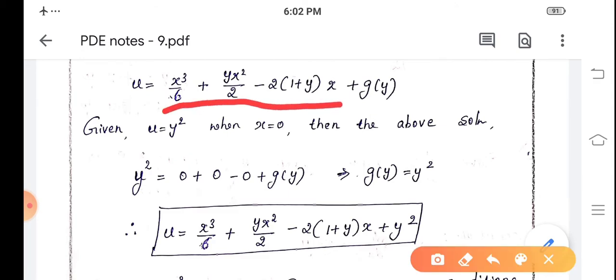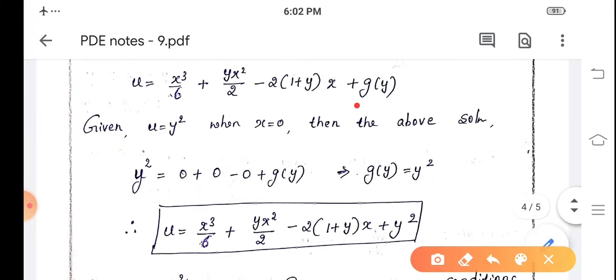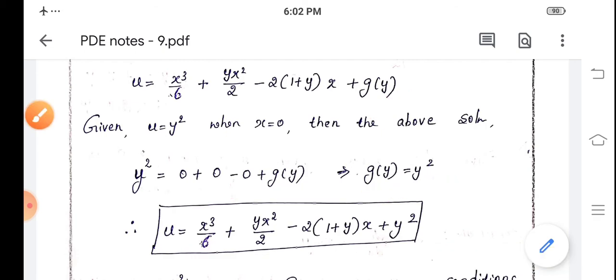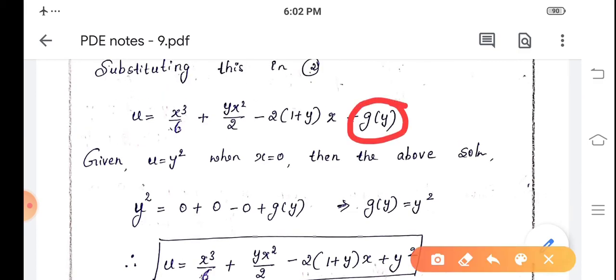When we put x equal to 0 here, the first term becomes 0, the second term becomes 0, and in the third term also, being multiplied by x, it becomes 0. The first 3 terms are zeros. Next, plus g of y. So we write y square equal to g of y, that is g of y is equal to y square. So after getting g of y, we substitute g of y here.